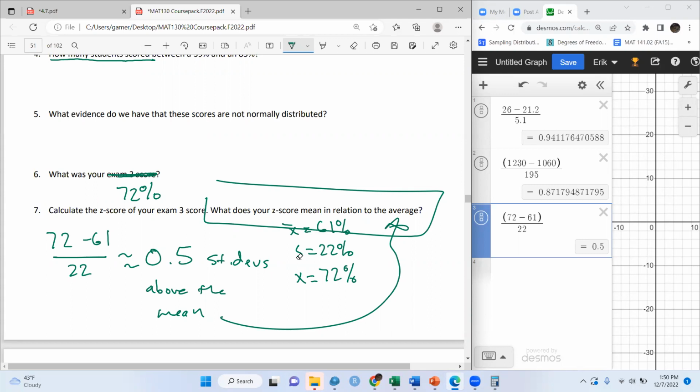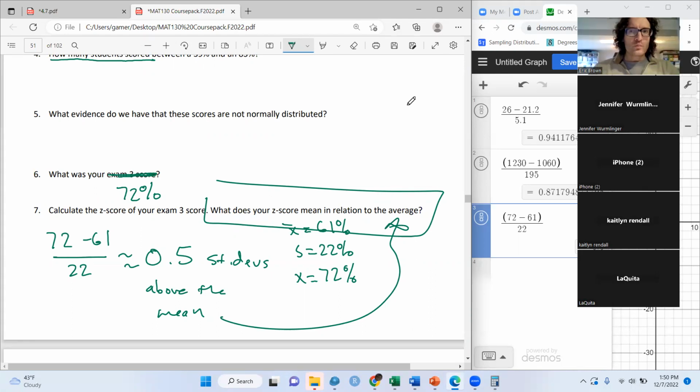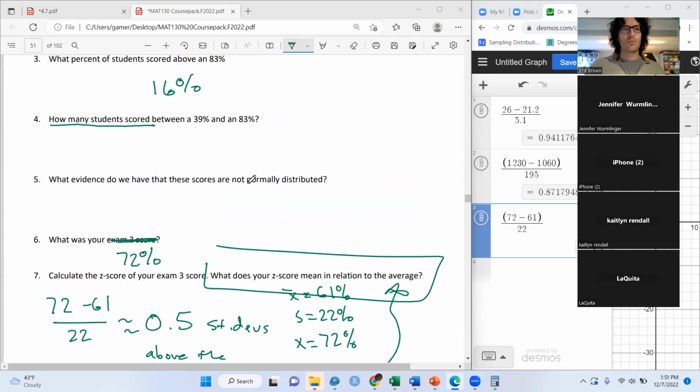Okay. So, does that make sense? Is everyone happy about that answer? Okay, good. So let's talk about this normally distributed.